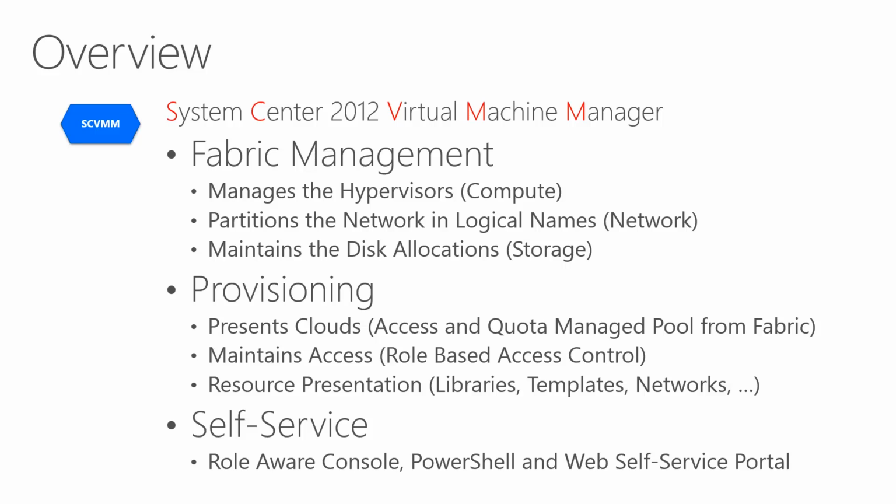Failure to deliver these in a proper process will mean anything that we run on them, our virtual machines in this scenario, will be inherently unreliable. So we must start with a strong fabric and a good base to build everything from. One of the key features of Virtual Machine Manager is fabric management.